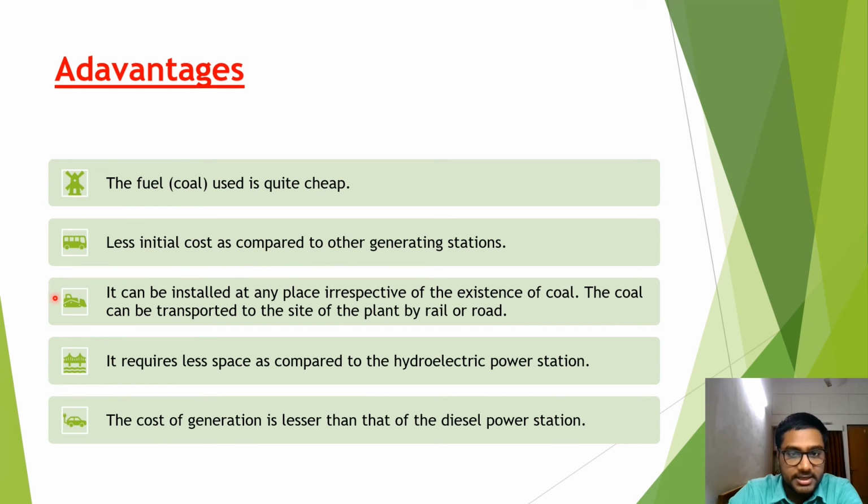It can be installed at any place irrespective of the existence of coal, because coal can be transported to the site by rail and road, via trains or trucks. It requires less space compared to a hydroelectric power station. The cost of generation is lower than that of a diesel power station. Quite simple.